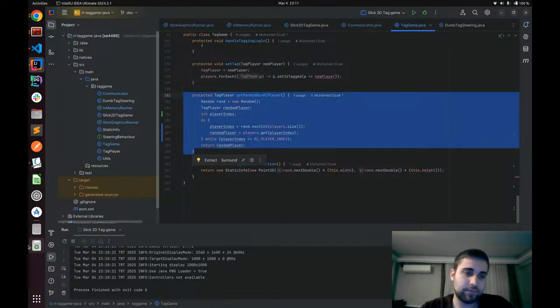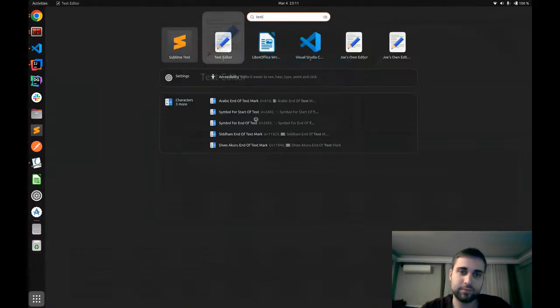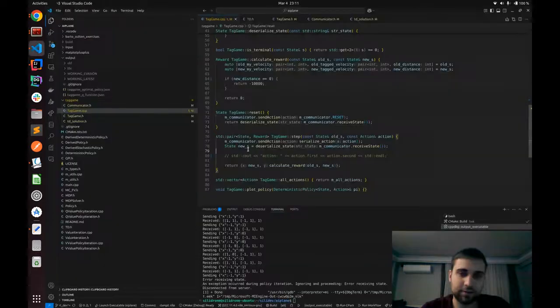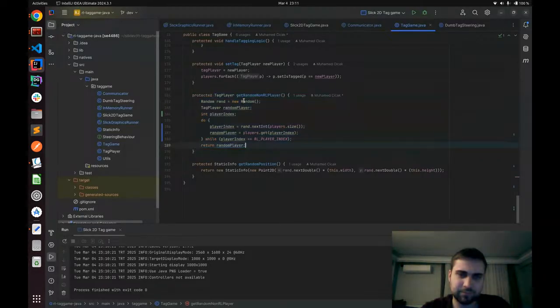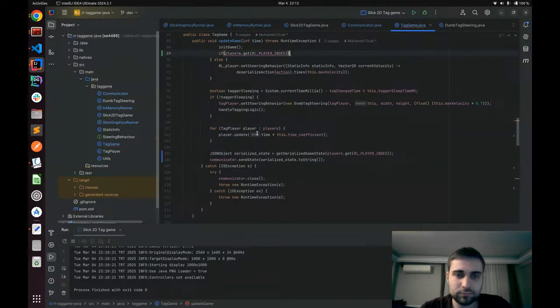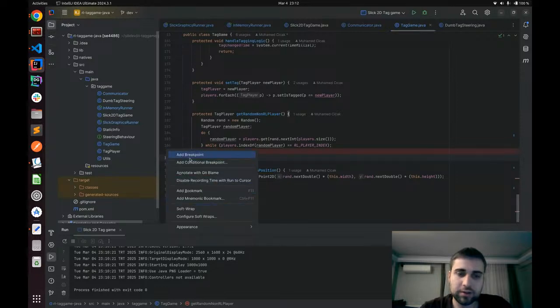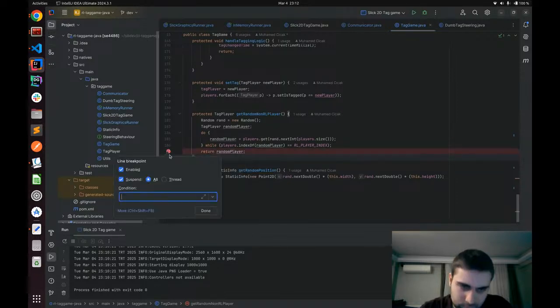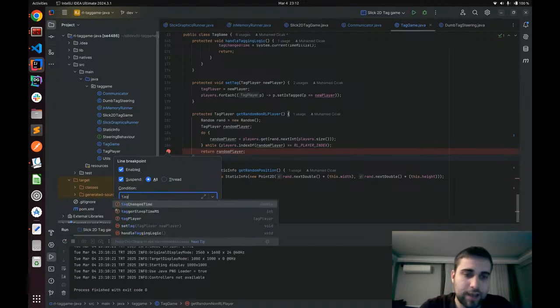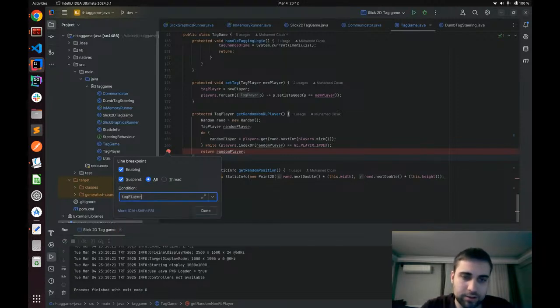My favorite thing to do: use a text editor. Too primitive. Okay. So now I'll just go here, add a condition. Okay. Tag player.